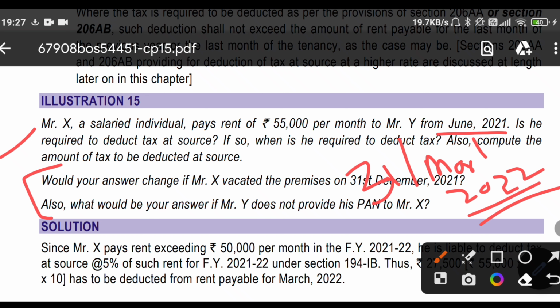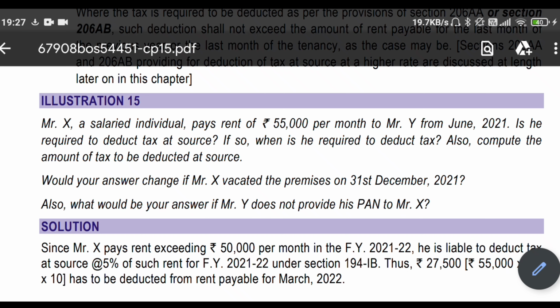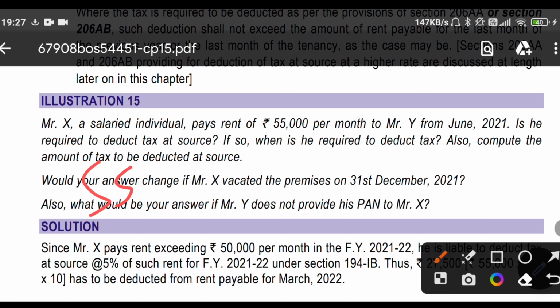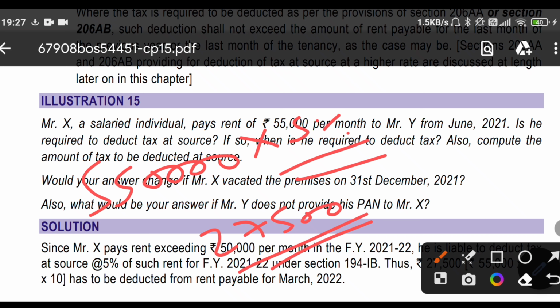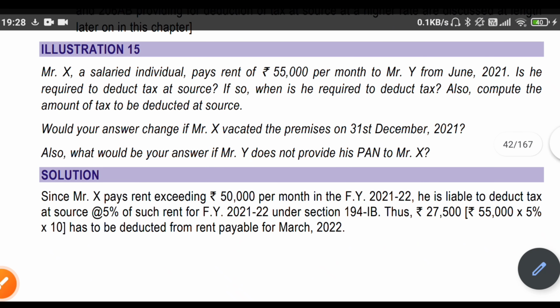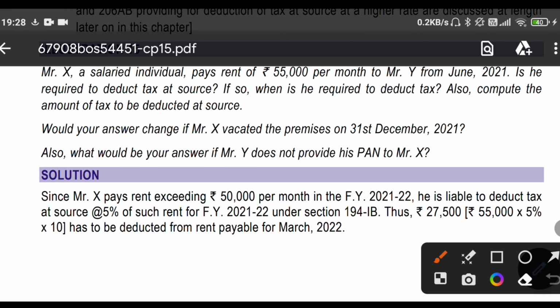So 5,50,000 into 5%, 27,500 will be the total TDS that is required to be deducted on the last month of the year. So on the last month, 27,500 is required to be deducted from the rent payable for the month of March.